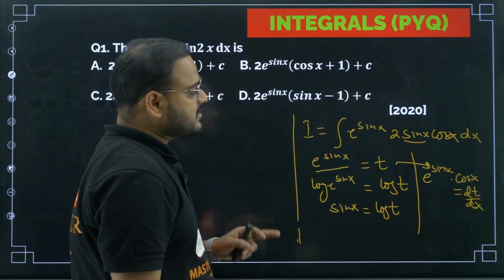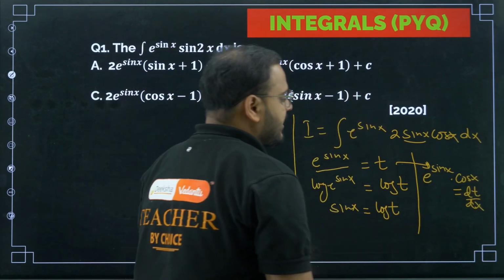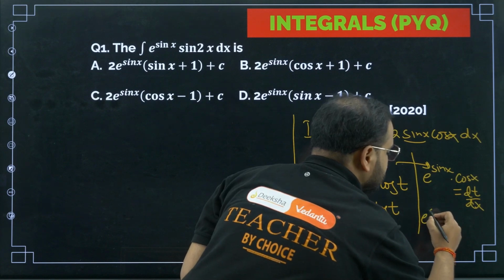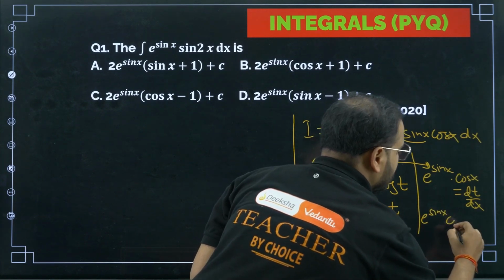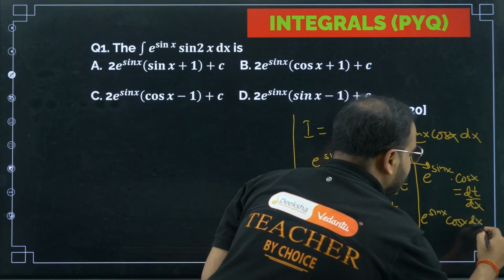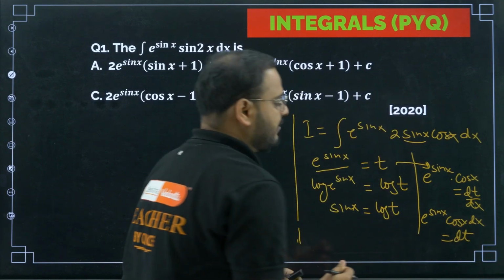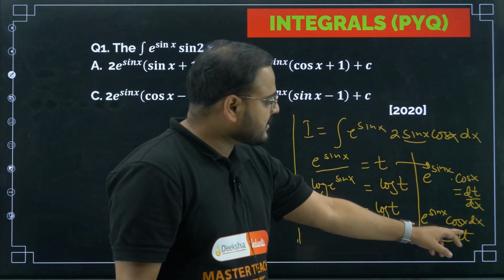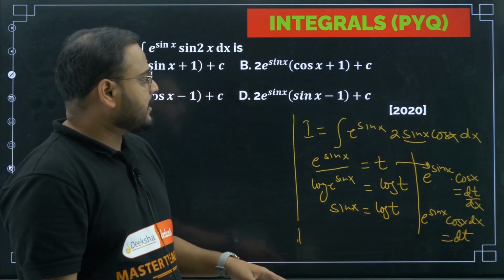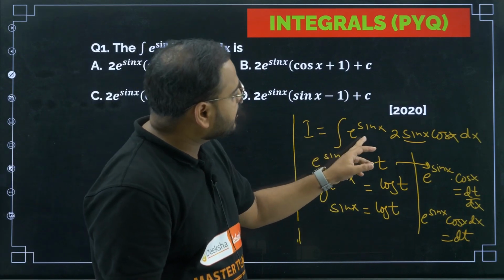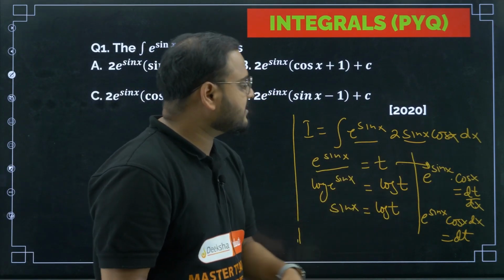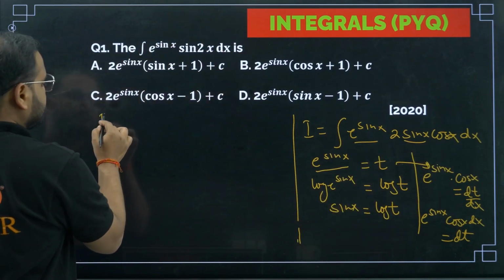So if you find the value of dt, I get e^(sin x) cos x dx equals dt. If you check the expression I, you'll get e^(sin x) cos x and dx is there, so I can rewrite this I.